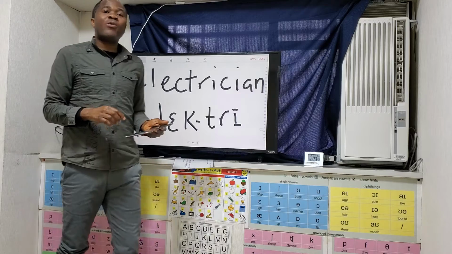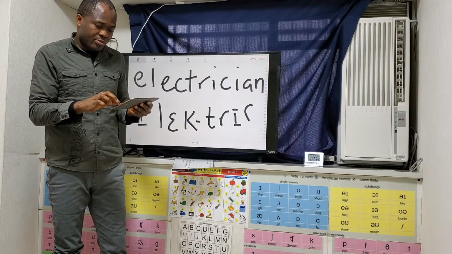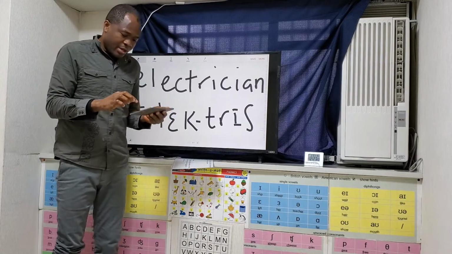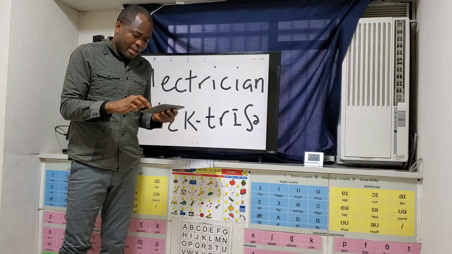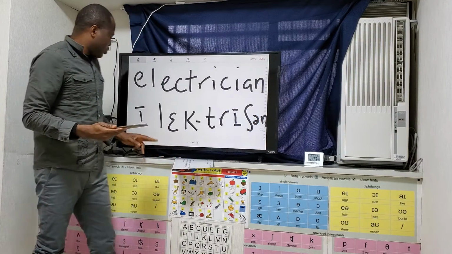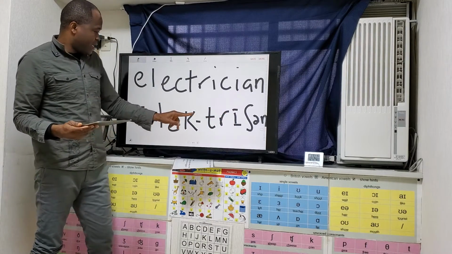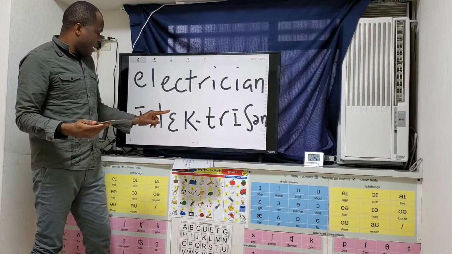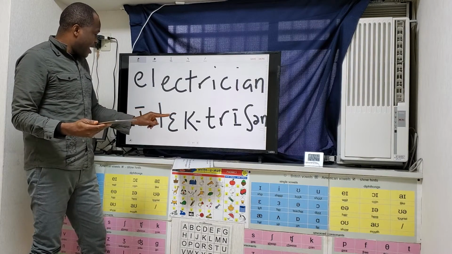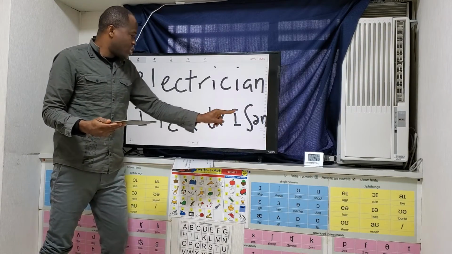For the shen, we are going to use the sh sound, like a snake. Then we have our schwa and N. So electrician.